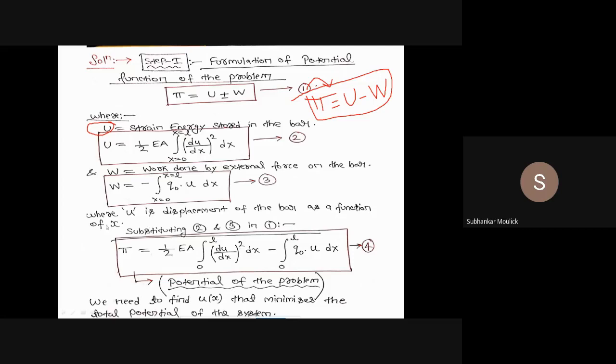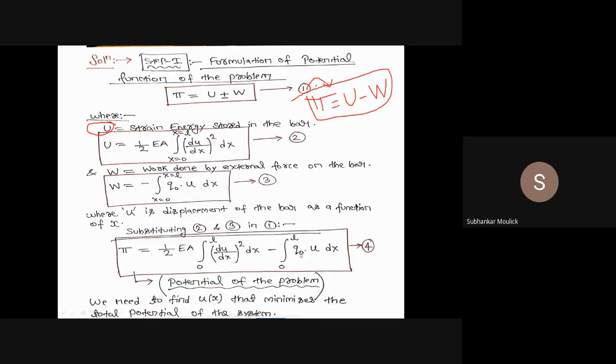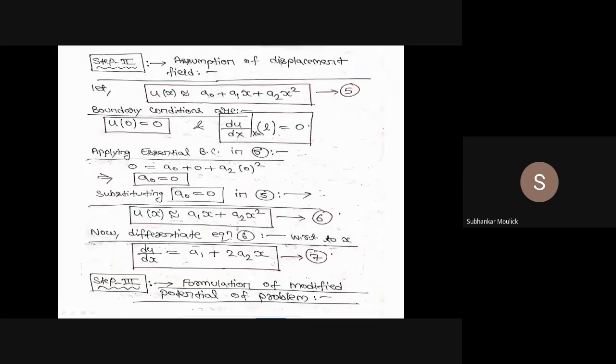So this is the modified potential of the problem. In this modified potential form, replace du by dx by a1 plus 2a2x and replace u by a1x plus a2x square. Then you will get one expression of pi.